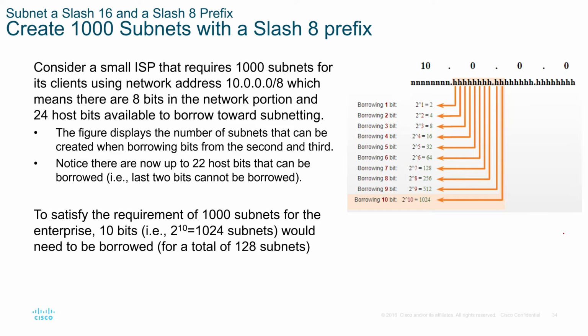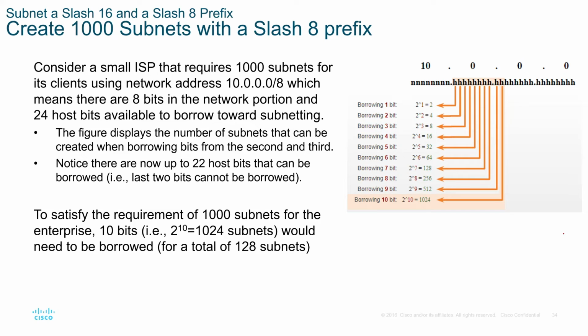Here, we'll consider a small ISP that requires 1,000 subnets. In order to get 1,000, we must borrow 9 bits. You'll notice from the chart the powers of 2 going vertically, although they have left out the number 1.